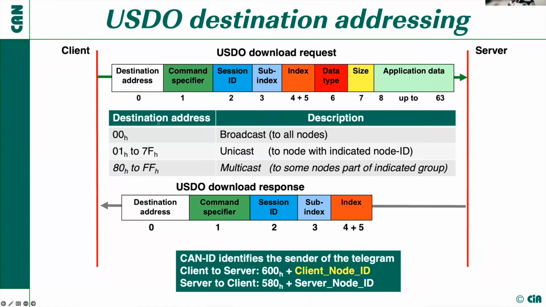Therefore, as we see here, I can simply say, okay, I want to speak to node ID 1, then I want to speak to device node ID 10, and so on. The command specifier says which type of USDO communication we would like to use. We may have several sessions. Then come the well-known index and subindex parameters of the object dictionary.